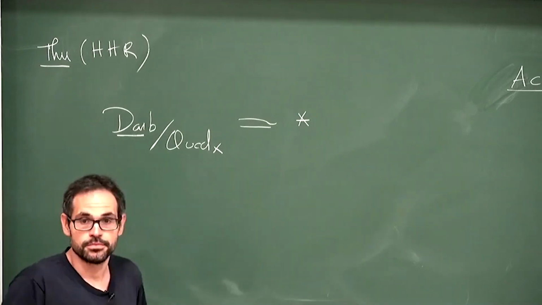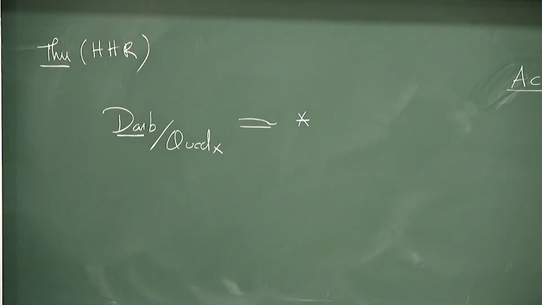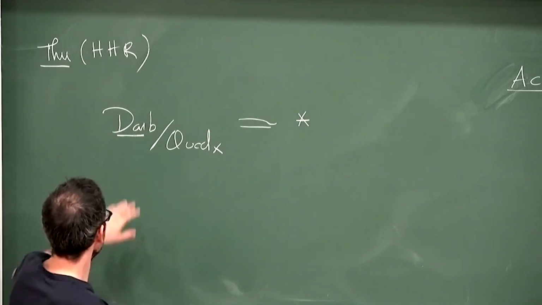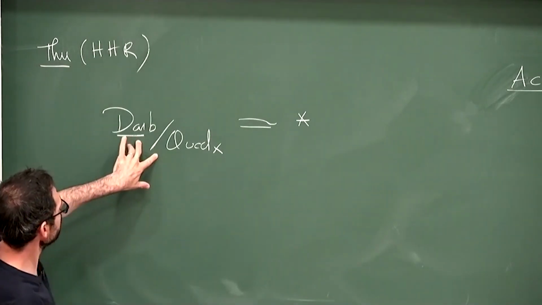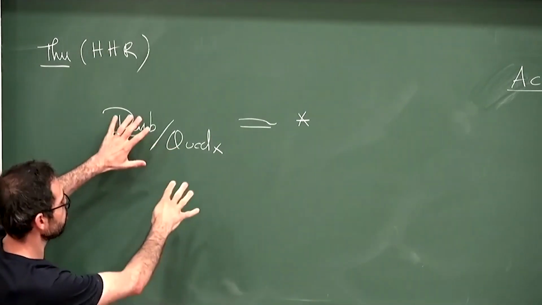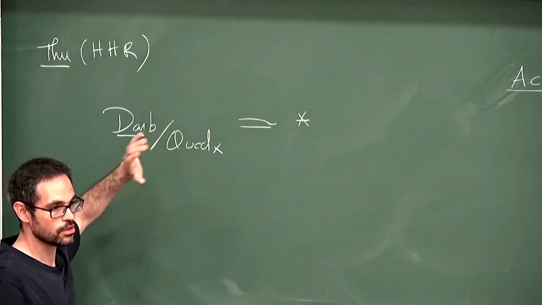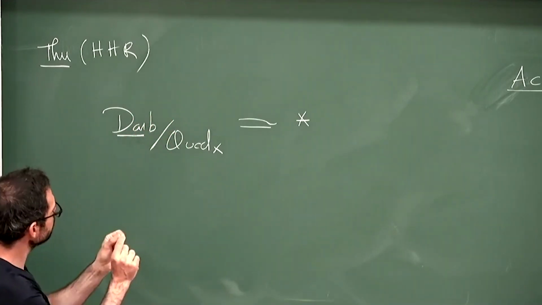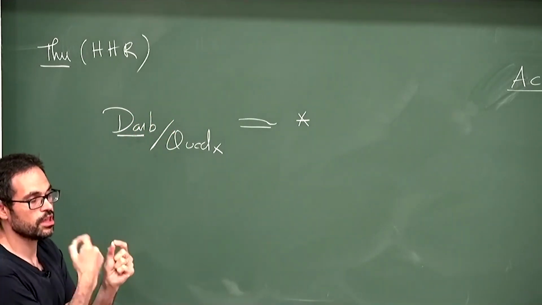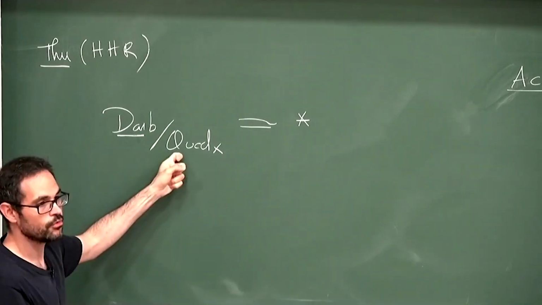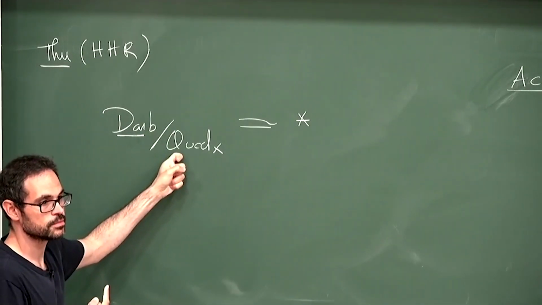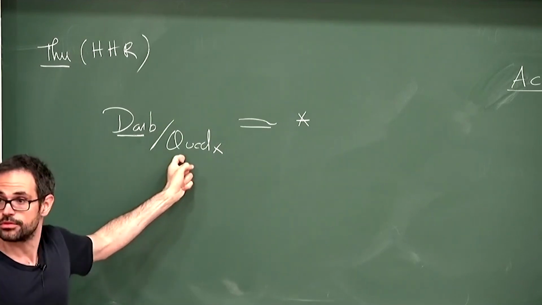But this is not true. For this to be true, first you would need the action to be transitive. This is true. But you would also need every automorphism of a given critical chart to come from an element in ON. And this is not true.